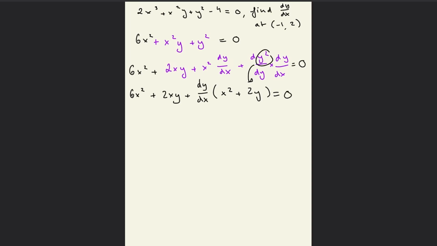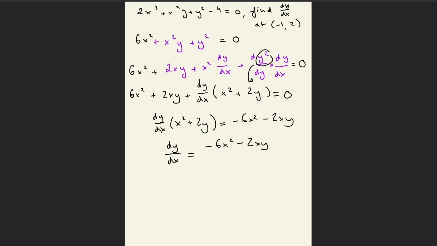And then we can move that other thing to the side, so we have dy/dx of x squared plus 2y is equal to negative 6x squared minus 2xy, and then our final step is just dividing by what we factored. So dy/dx equals negative 6x squared minus 2xy over x squared plus 2y. And this is our general formula that we have over here.